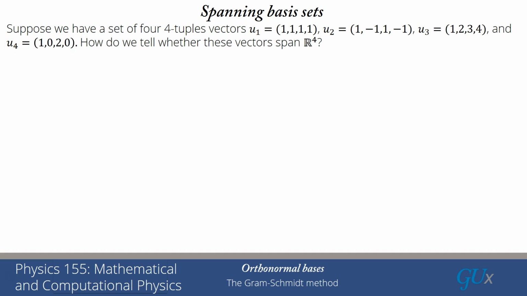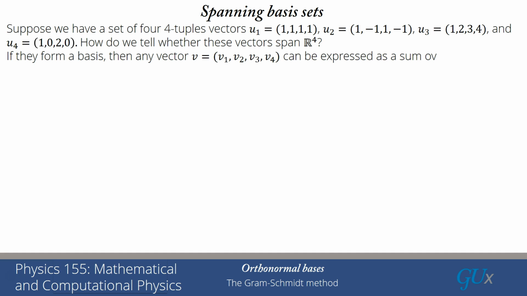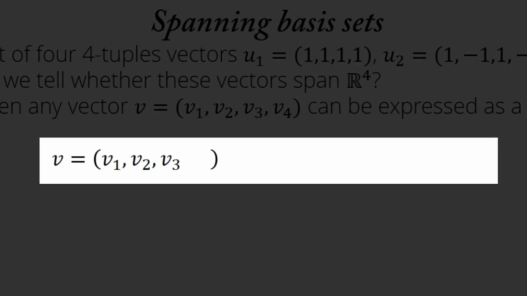Now remember, spanning means that any vector in R to the fourth can be written as an expansion with real coefficients of U1, U2, U3, and U4, and that expansion is unique. So if they form a basis, then any vector V1, V2, V3, V4, those are the components in the Cartesian basis, can be expressed as the sum over the four basis vectors U1, U2, U3, and U4 via the following.